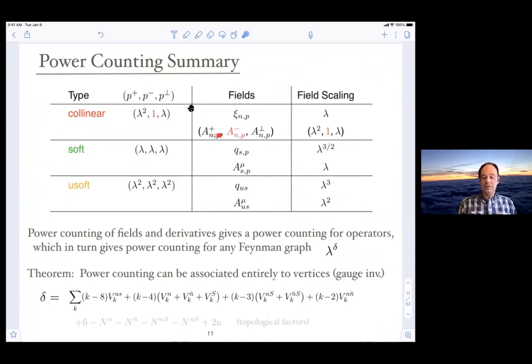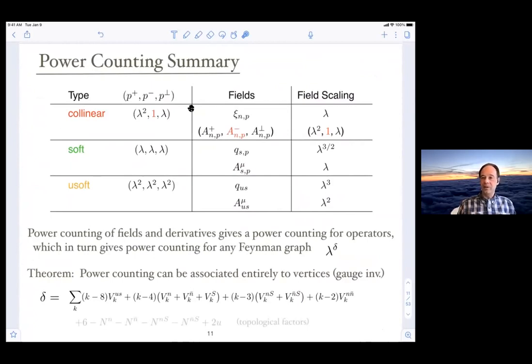It turns out that the gluon fields scale the same way as the gluon momenta. So that's an interesting scaling for the collinear case, and a less interesting scaling for the soft or ultrasoft cases. That determines the power counting of your fields, and then you can start building operators out of them. The power counting of your fields determines the power counting of products of fields, which are operators.